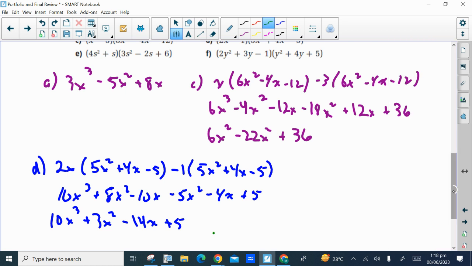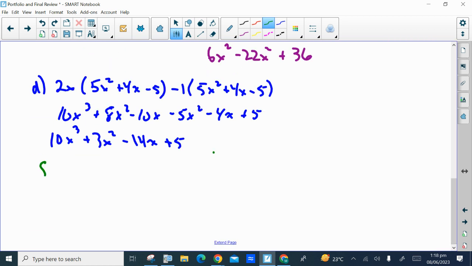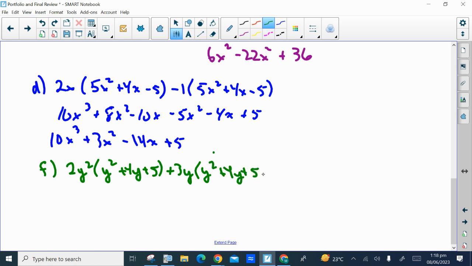So this is question F. So the 2y squared will be multiplied by all three terms. Then the second term, the positive 3y's multiplied by all three terms. And then finally the -1 multiplied by all three terms.